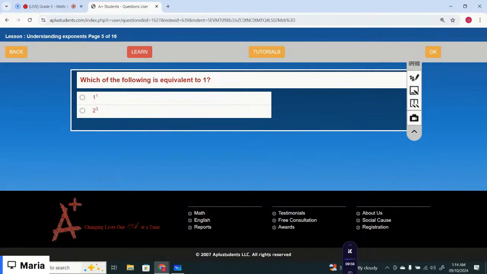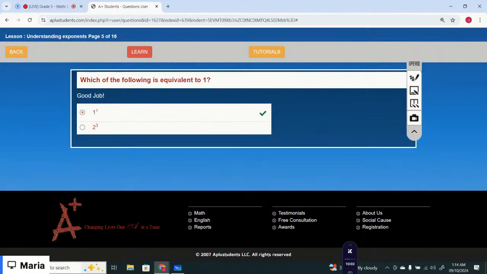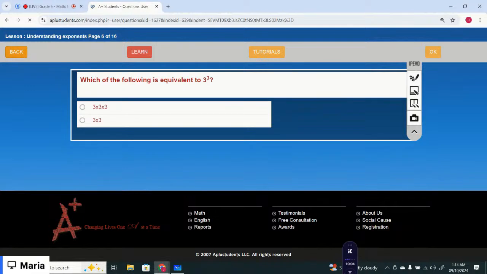The correct option is 1 exponent 1. Yes, that is option number 1. Okay, you can complete the lesson by yourself later today. Let me just move on to the next lesson.